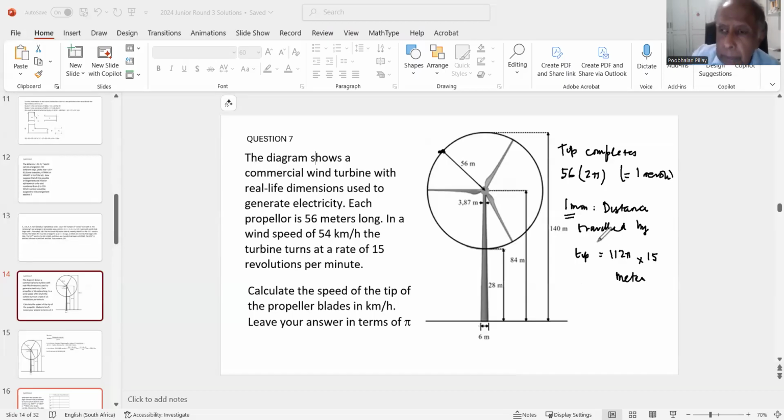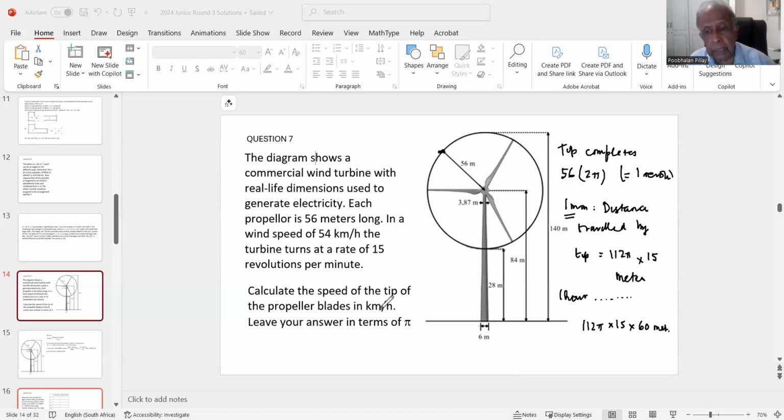So you want to know how many meters it travels in 1 hour. It says speed of the propeller in kilometers per hour. So let's work it out. In 1 minute, it's that. So in 60 minutes, 1 hour, the distance traveled by the tip is 112 pi times 15 times 60. That is in meters.